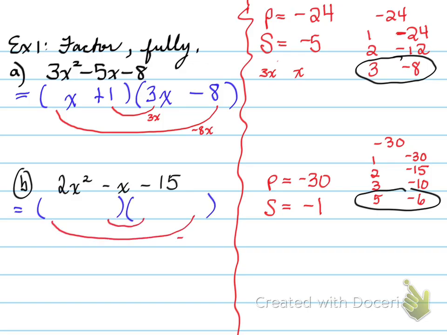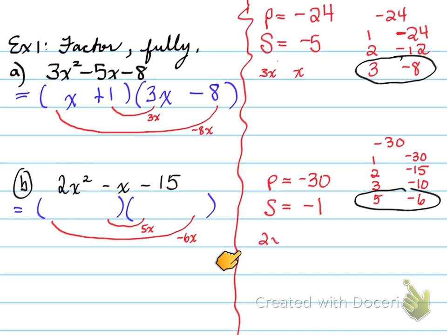And my outer and inner have to be assigned. So I'm going to assign that to be negative 6x and that to be 5x. Remember, you can have these swapped. The only difference will be how your answers will turn out. So looking at this, I now have to determine what my breakup of the x squared is going to be.